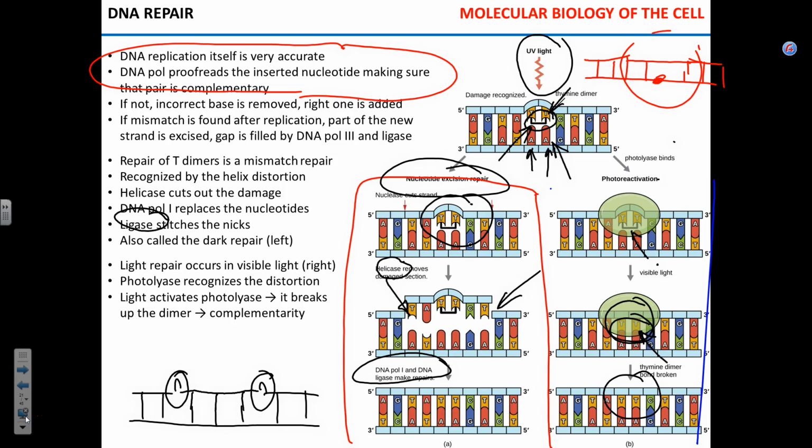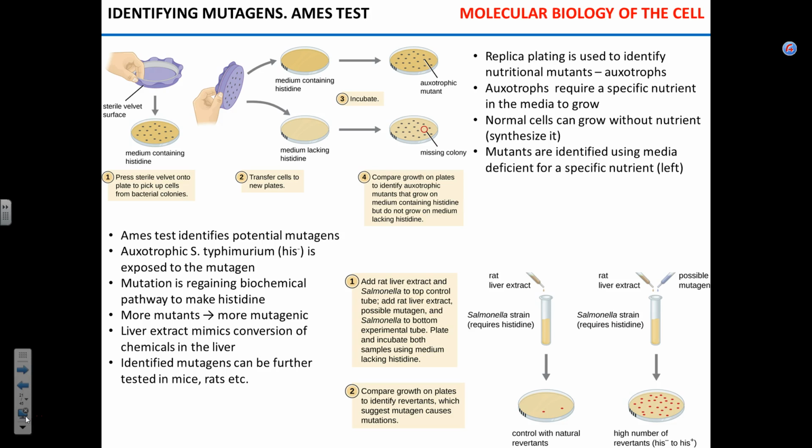Okay. So mutagens, how do we know if something is mutagenic? For this we use so-called mutagen test. It's also called Ames test, and it's kind of perverted in a way it's done.